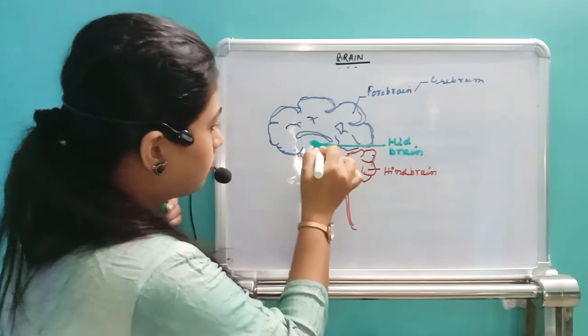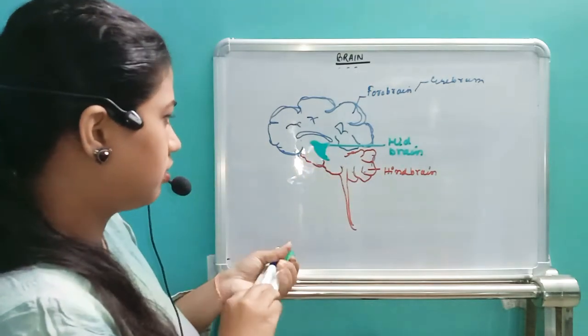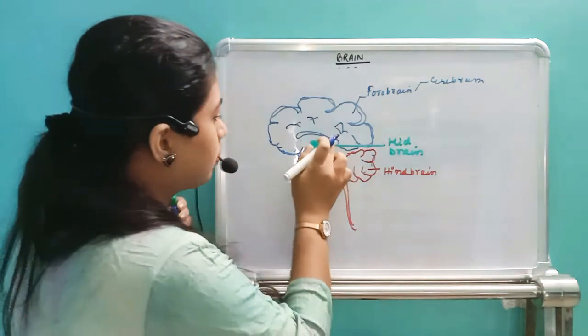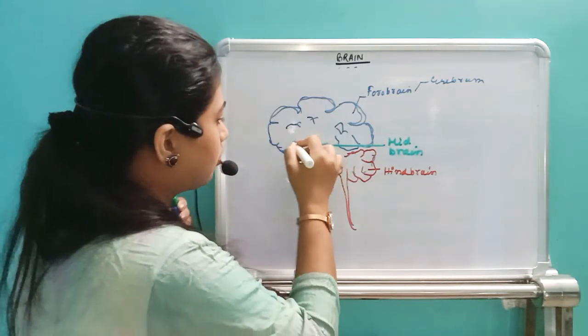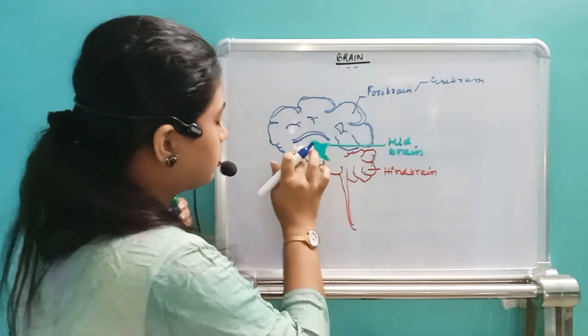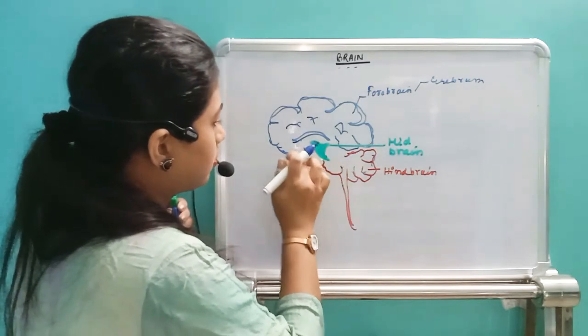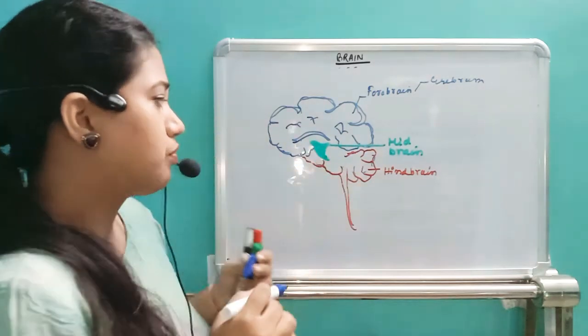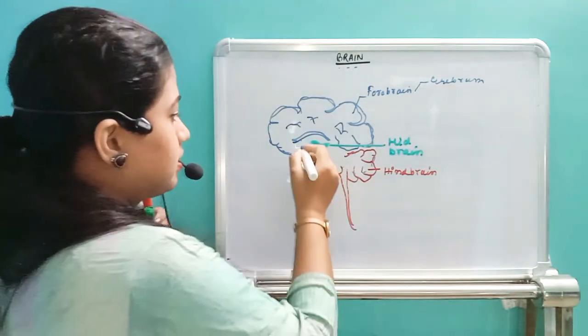This will be our midbrain, and here there is actually one connection, present like this. This will be called the diencephalon.